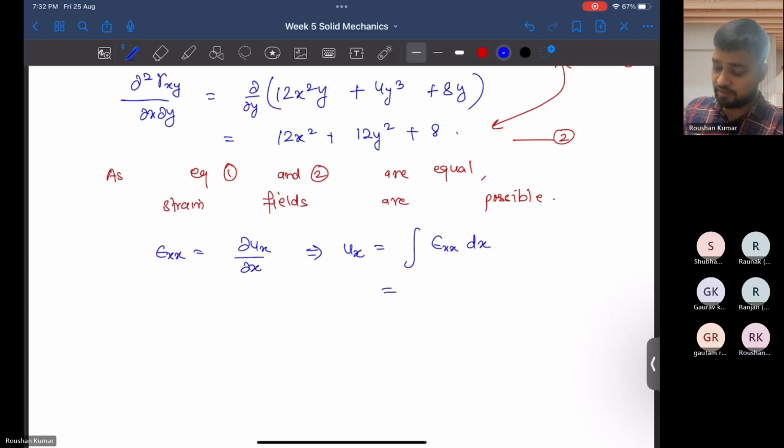And if we take the integration of epsilon xx with respect to dx, then it will give us 5x plus x³/3 plus y²x plus x⁵/5 plus xy⁴ plus f(y).